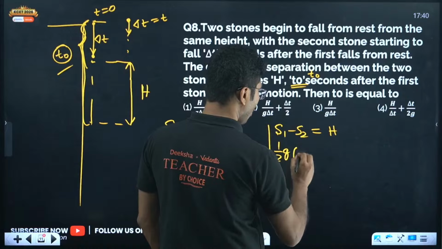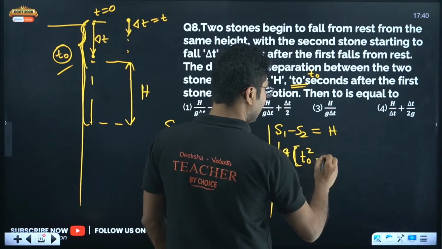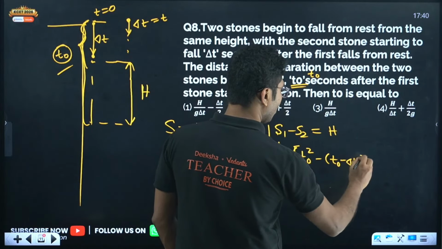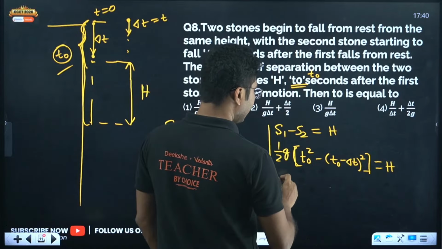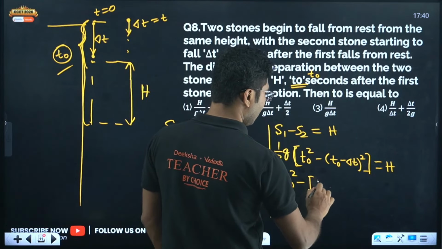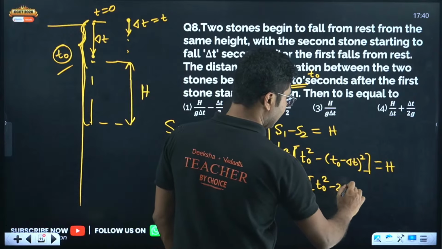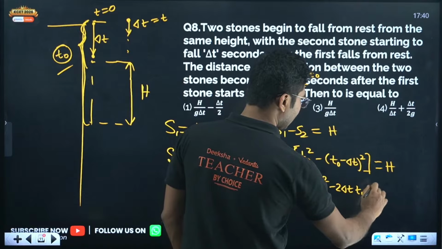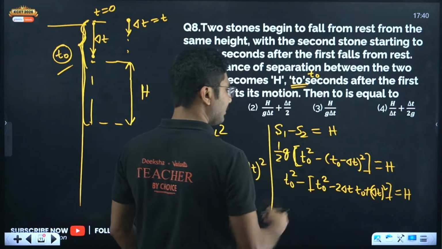You get t naught square minus t naught minus delta t whole square equals capital H. So you get t naught square minus 2 delta t t naught plus delta t square equals H. Now simplify this.